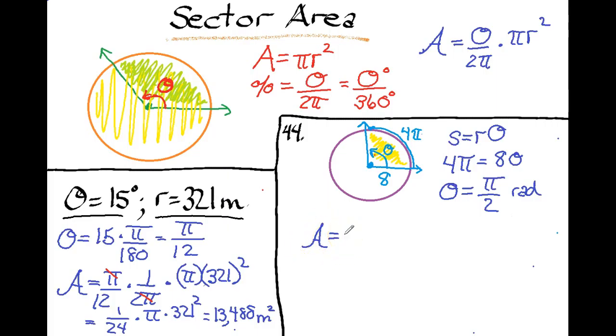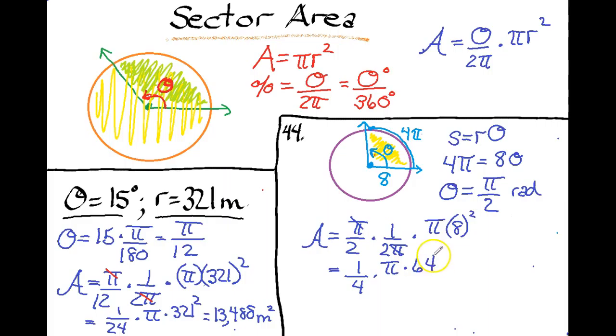We're going to take our formula for area. We're going to take pi over 2. We're going to multiply it by 1 over 2 pi. And then we're going to multiply by pi r squared. R here is 8, so we're going to square that. When we take a look at this, our pi's cancel out, and we have 1 over 4 times pi times 8 squared, which is 64.